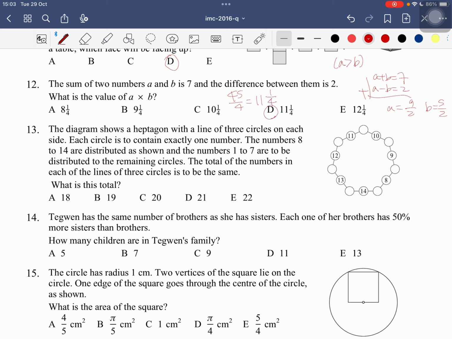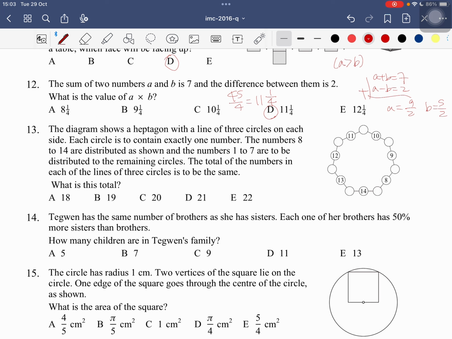Number 13. This is a heptagon. Each of the lines has 3 circles. So one number from 8 to 14 is already there. We will distribute 1 to 7 to the remaining circles, and the total of the numbers in each line should be the same.